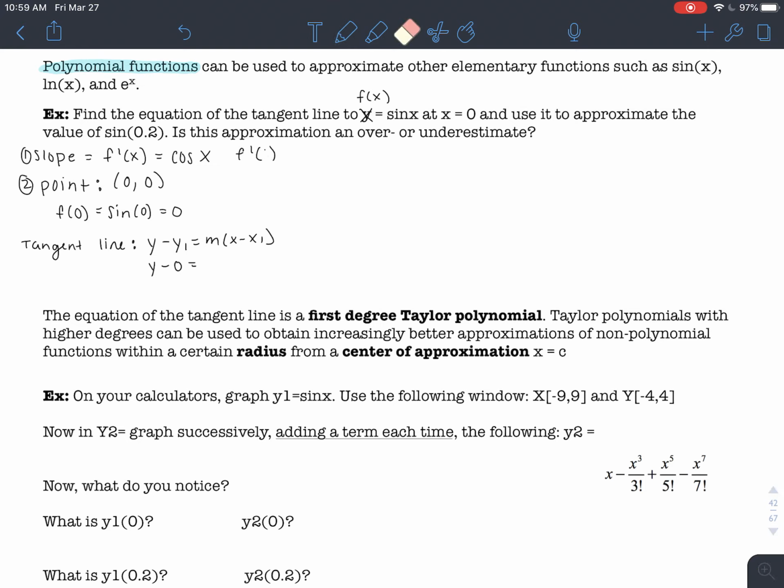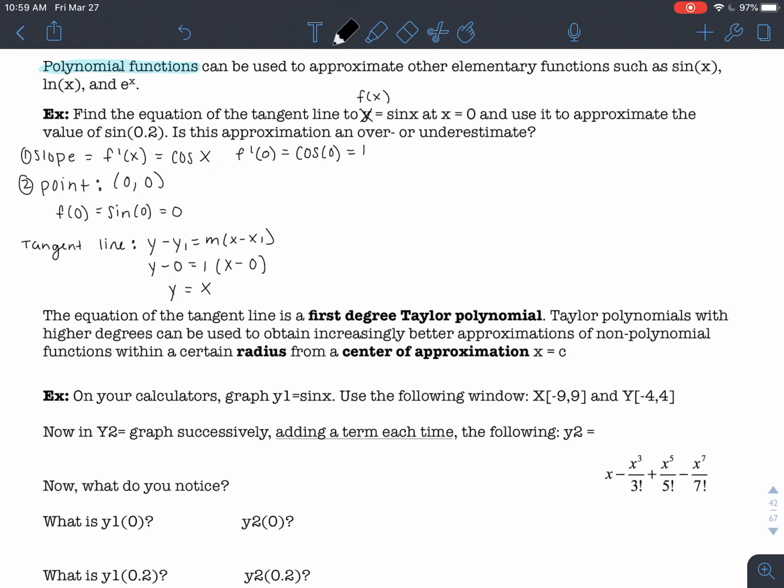So there's my point-slope formula, so I'm just going to plug in what I have. So y minus 0 equals my slope, but I never actually found my slope of, cosine of 0 is 1. I jumped ahead to the answer. So my slope is 1, and my x1 value is also 0. So my tangent line is actually y equals x.